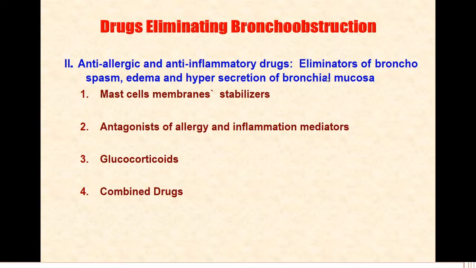These drugs include specific anti-allergic, anti-inflammatory agents, stabilizers of mast cell membranes, antagonists of allergy and inflammation mediators, glucocorticoids, and combined drugs. Ready-made preparations including 2 or 3 agents from different groups.